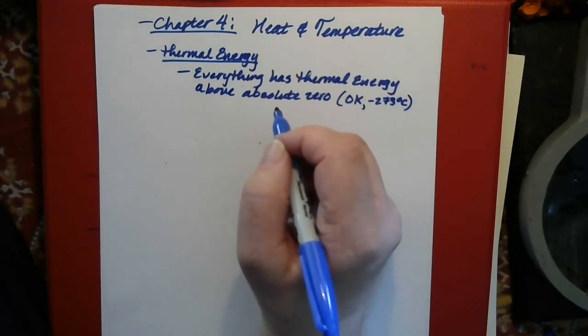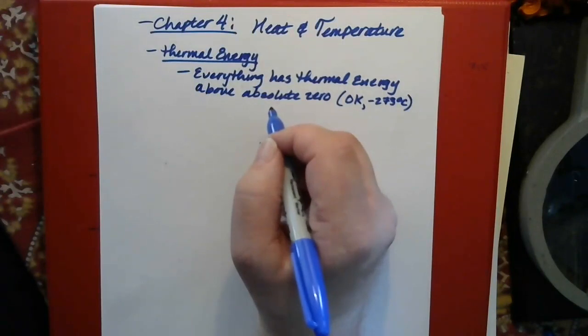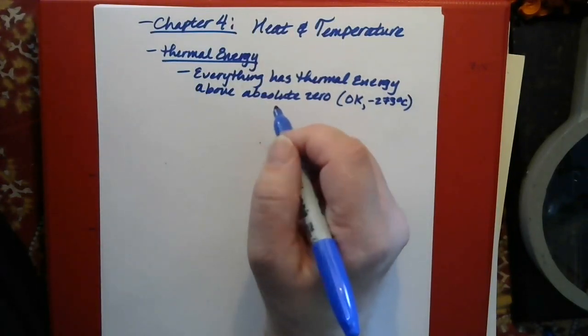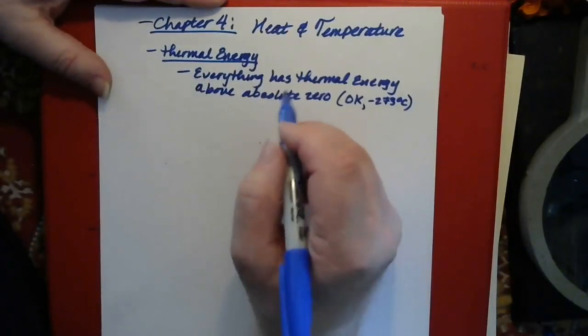There are some spots far away from the nearest star which would be pretty close to absolute zero, but still not absolute zero. Even in the most harsh and extreme conditions in the laboratory, nobody has ever managed to produce absolute zero.